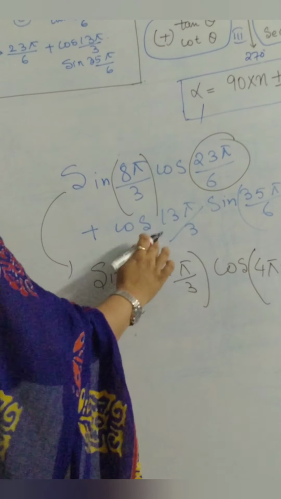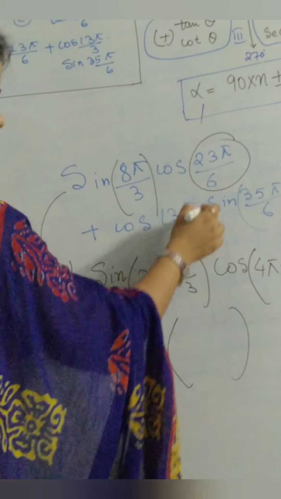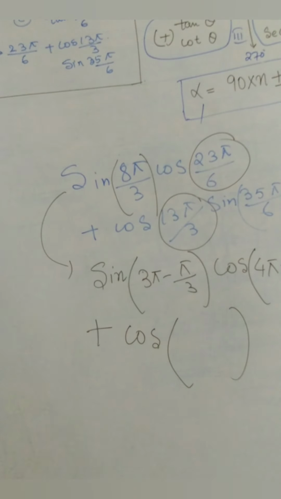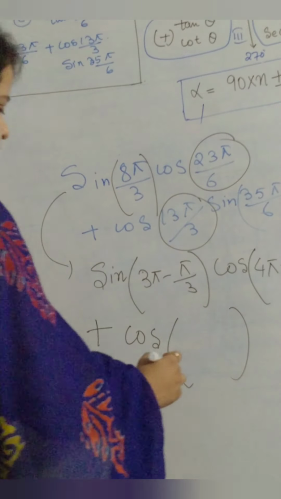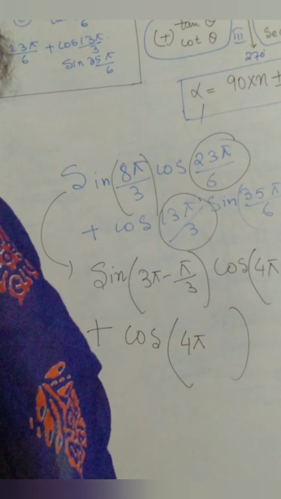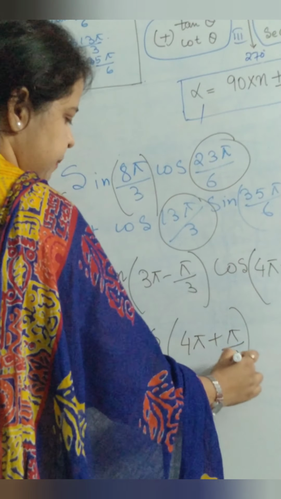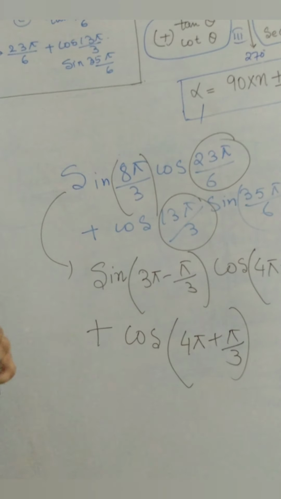Then cos 13 pi by 3. You can write it as 3 4s are 12, 12 plus 1 is 13.